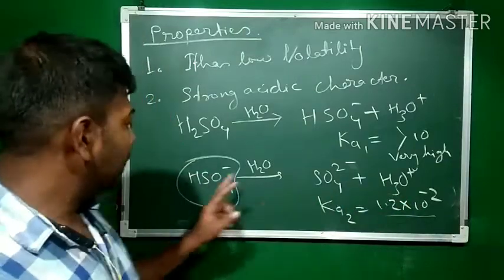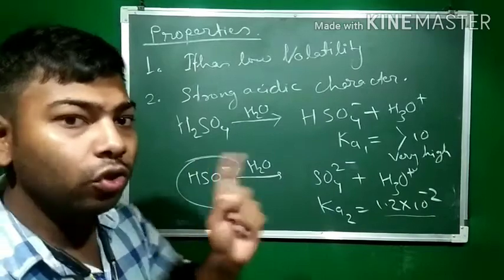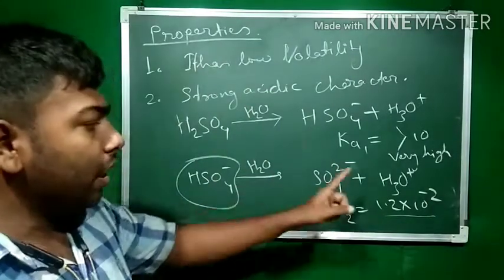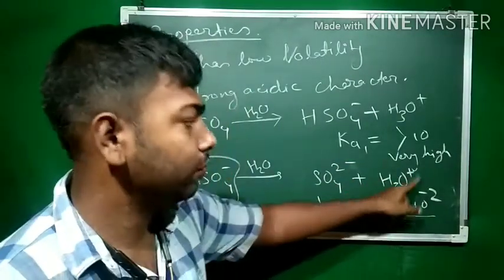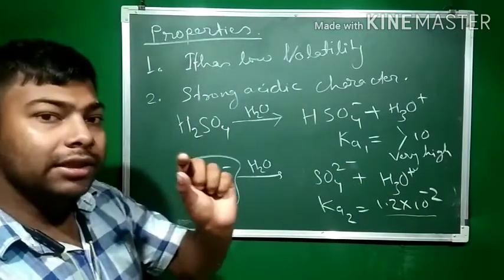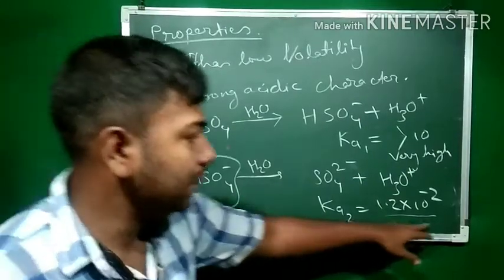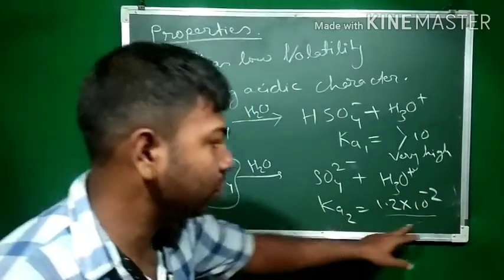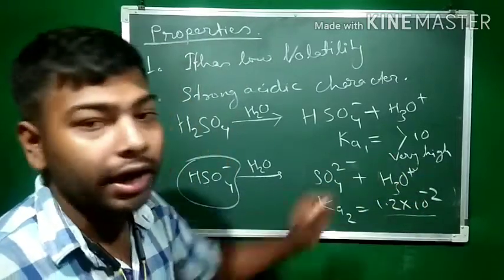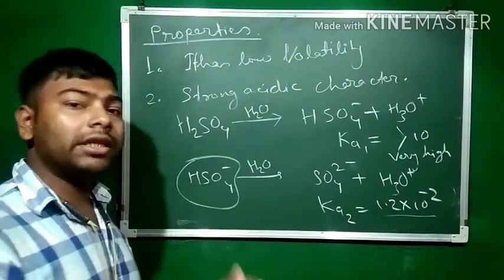See, this is also an acid. Acid means it should have the tendency to lose a proton. That's why it loses a proton, no doubt. But due to the negative charge, it has little tendency to produce a proton. That's why this one has a low dissociation constant value, but here it is high. Now as we know, the higher the dissociation constant value, the more the acidity.